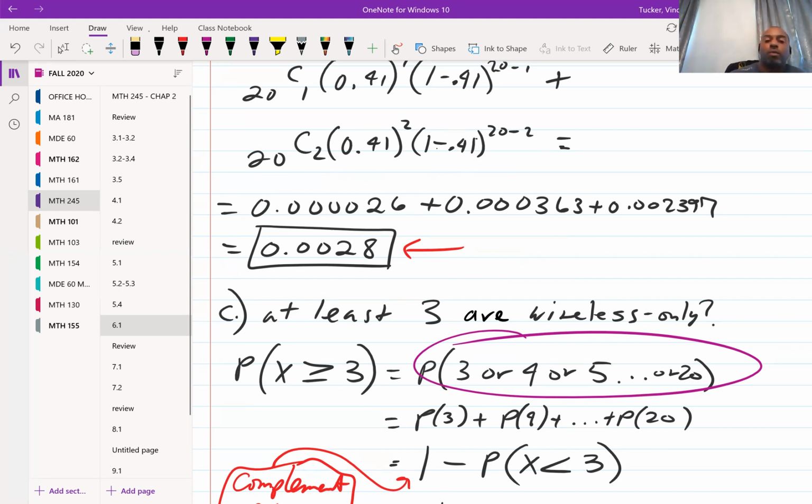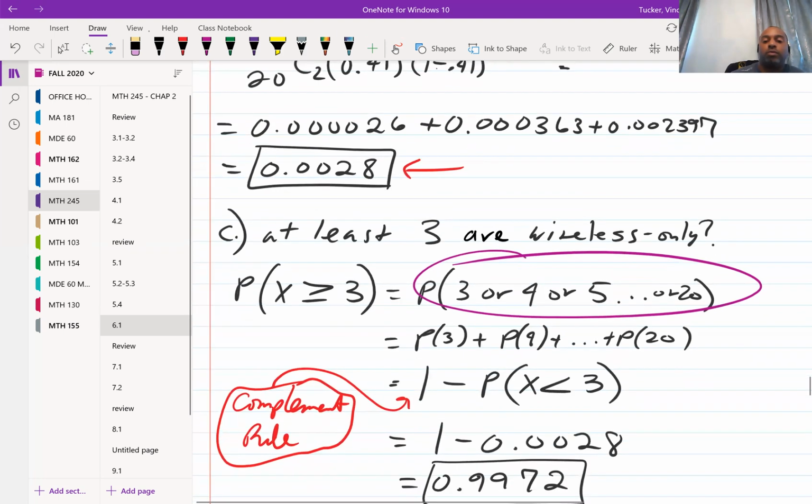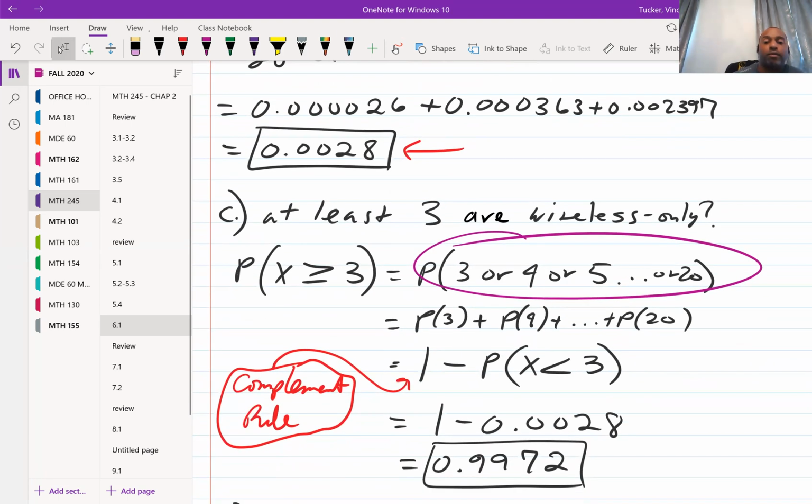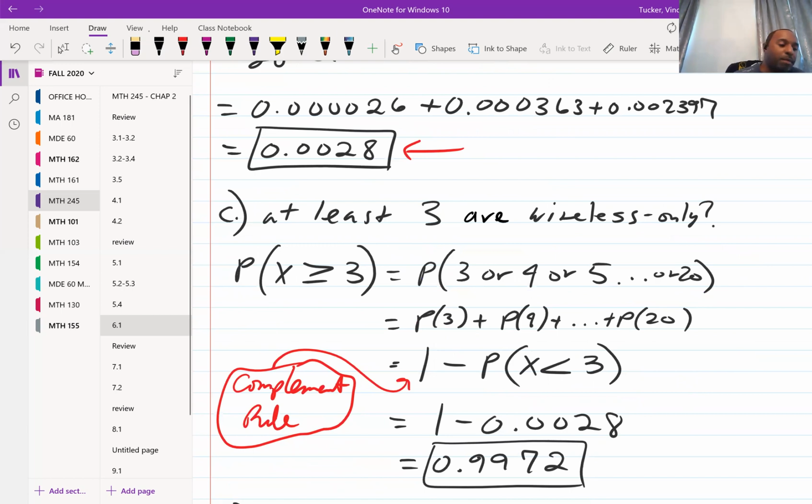All right. So what we do is just take that 0.0028 and subtract that from 1, and that'll give us our answer. That goes back to our complement rule. Your complement is always everything else.